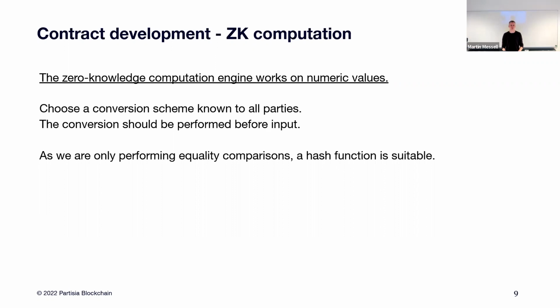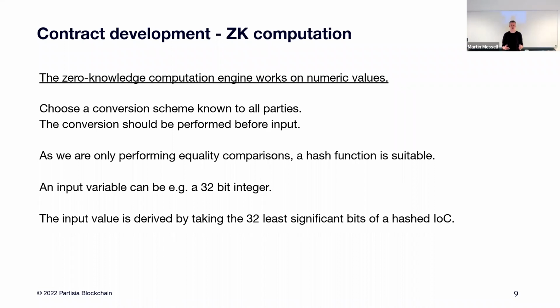It's only equality. So we can use a hash function here and then say that an input variable is a 32-bit integer. And we can then hash the IOC string and take the 32, for instance, least significant bits of the hashed IOC.